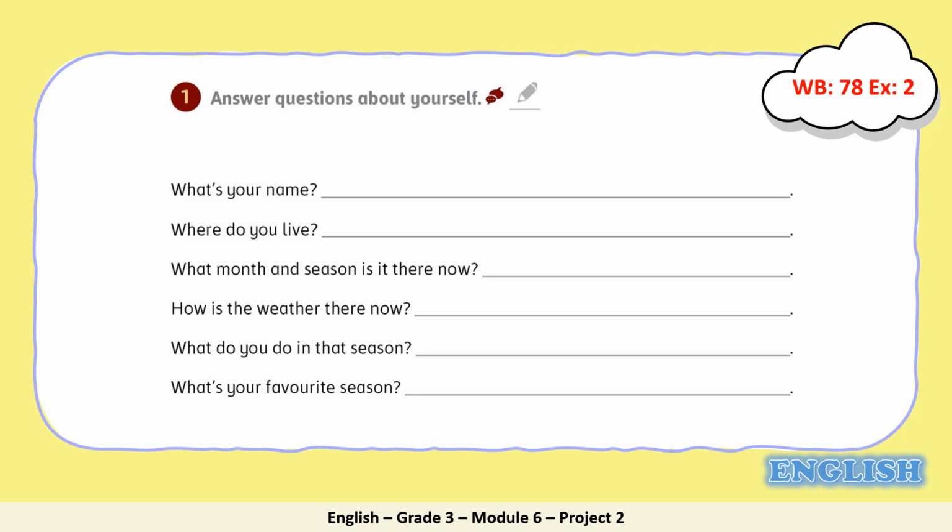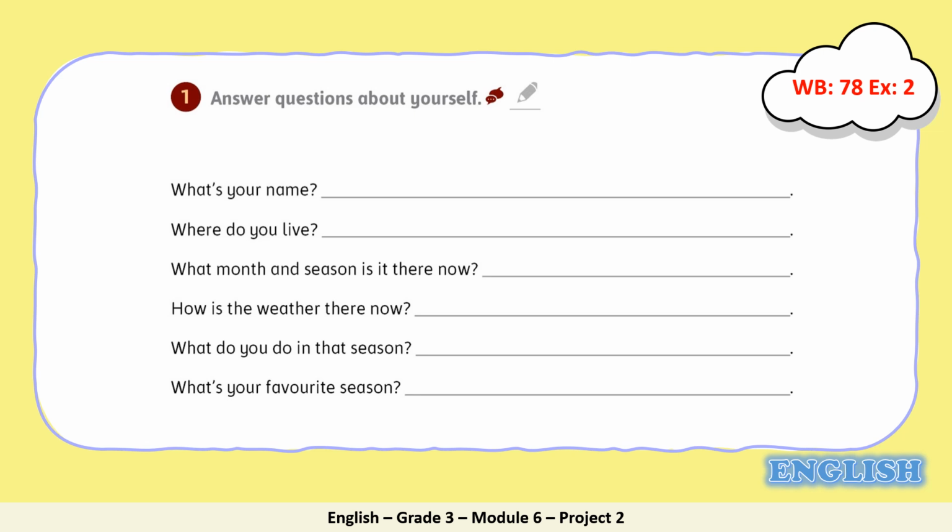We will write down our ideas here in Workbook 78, Exercise 2. Remember, this is only brainstorming, so we don't have to write full sentences yet. We can use words, phrases, or short sentences.